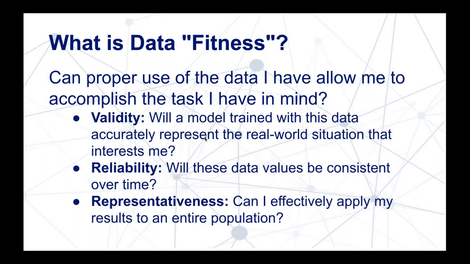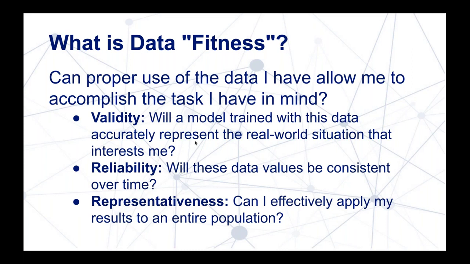Just to tie these together, validity is about whether the model is going to be accurate, or whether the analysis is going to generate accurate insights. Is this going to reflect how the world actually is, or is it going to be distorted in some way? Reliability is about whether results are going to be consistent over time.